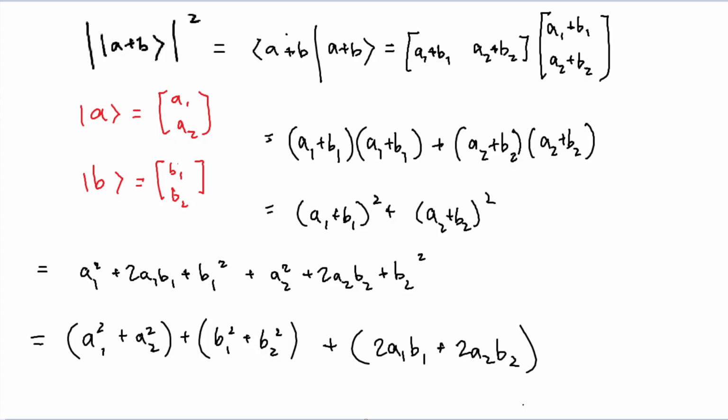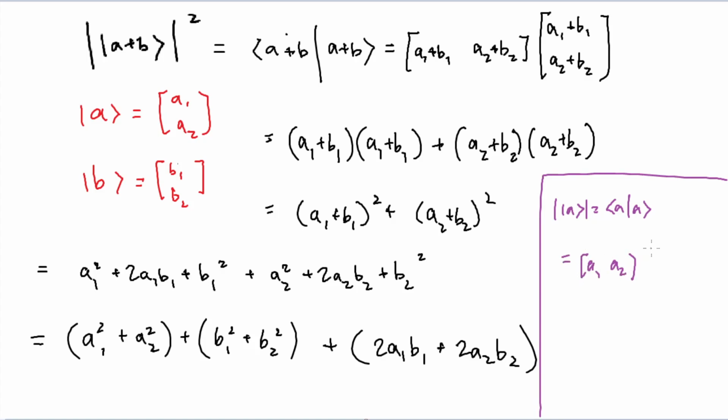More specifically, if we go back to what the lengths, the magnitudes of A and B are, this is actually equal to the magnitude of A. Because if you recall, let me do a little side note over here. For instance, the magnitude of A is equal to the vector length, the vector A multiplied by itself, the bra-ket version of it, which is equal to A1, A2 multiplied by A1, A2, which is equal to A1 squared plus A2 squared.